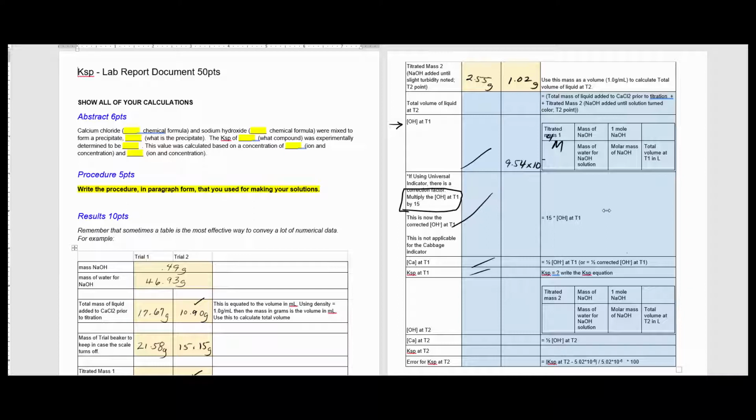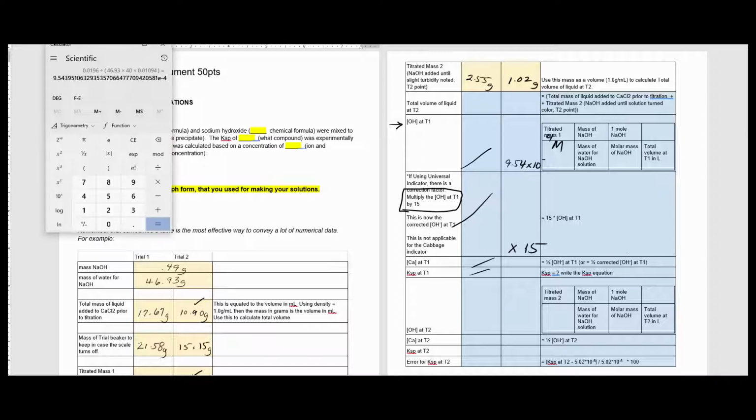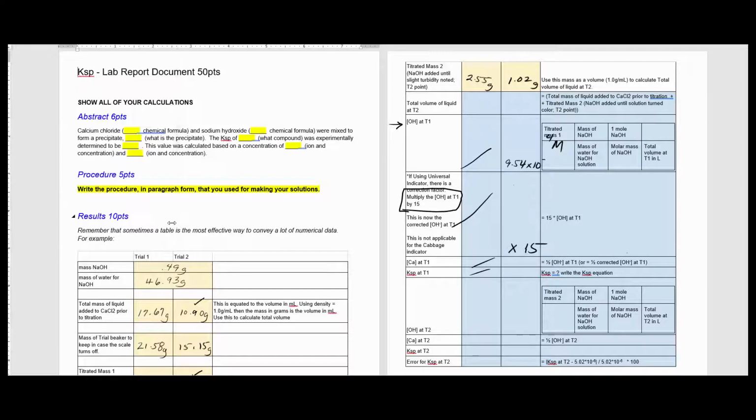So you simply take this concentration and multiply it by 15. When I do that, I end up with a value of 0.0143, and it's going to drop. So 0.0143 is the concentration of my sodium hydroxide at T1.